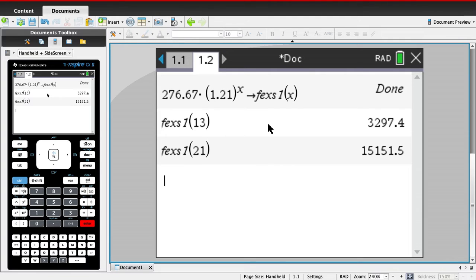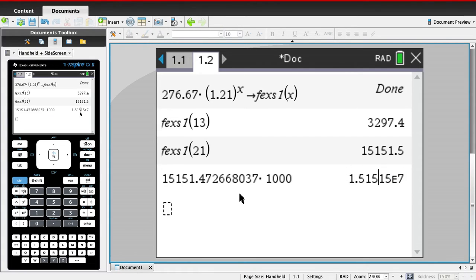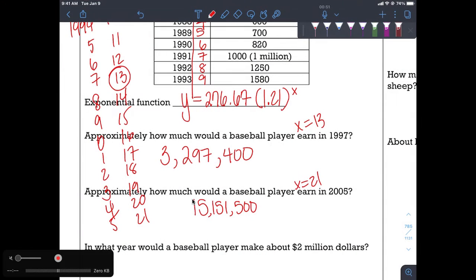Let's see here. All right. So here it would be 15,151,500 approximately. We've got to multiply it times 1,000, and I'm just going to verify. So it gives me a really long number, and it's telling me it's got to move 7 decimal places, but that's all right.